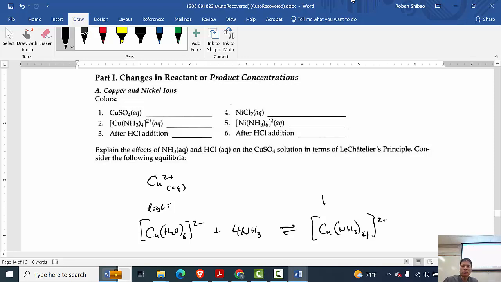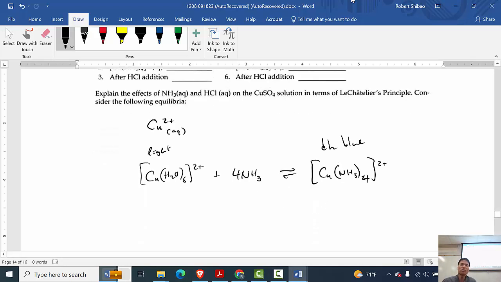And this tetraammine copper 2 is dark blue. And so we're going to add some ammonia to generate this dark blue. And this is reversible here. But eventually we're going to hit a stable ratio. That stable ratio would be the product over reactant ratio, which would be given by K, the equilibrium constant.